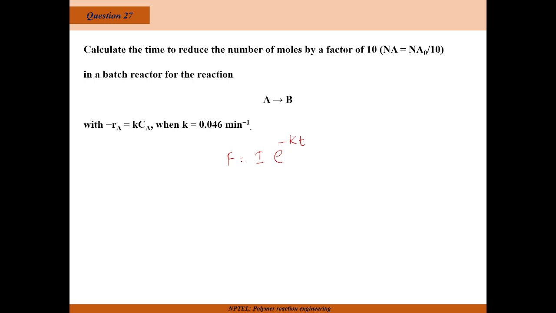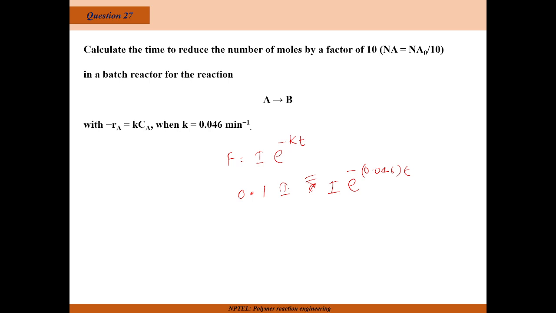Now it is just rearrangement and taking logarithm. I know the final concentration is 0.1 of the initial concentration. The value of k is given as 0.046, and it is given in the unit of minutes, so definitely t should also be in minutes.